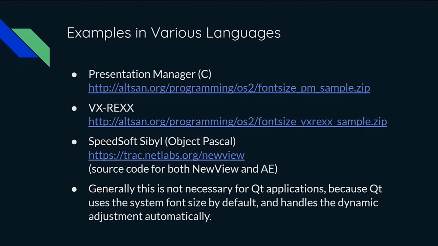These are basically links off my website: zip files, which include source code, and some comments and documentation, fairly terse probably. So I've got one for Presentation Manager and C, easily adaptable to C++ or various other languages probably. I've got one example for VX-REXX, which could probably be adapted easily enough for any other Rexx-based graphical environment.